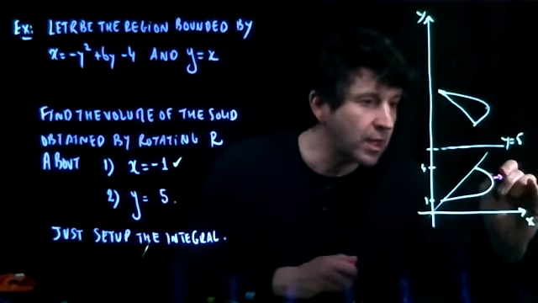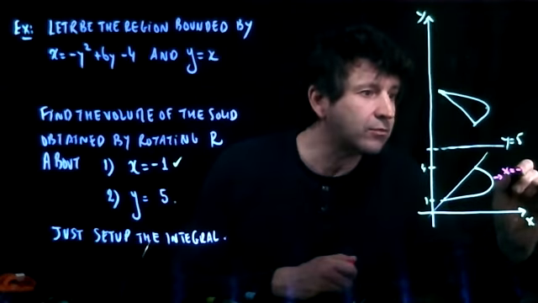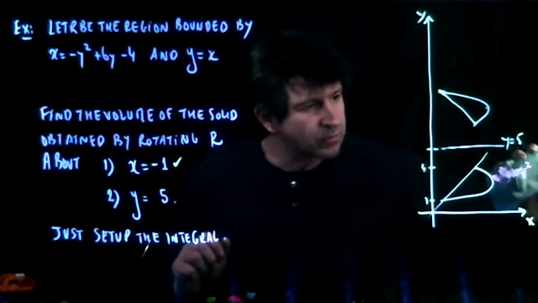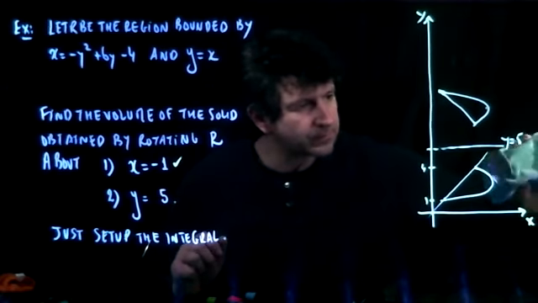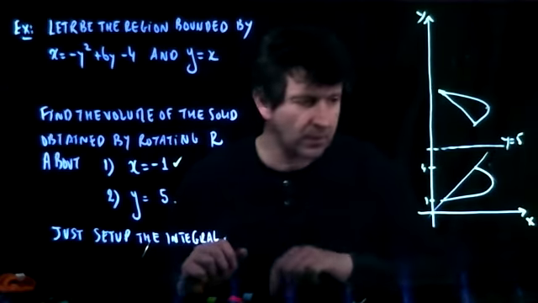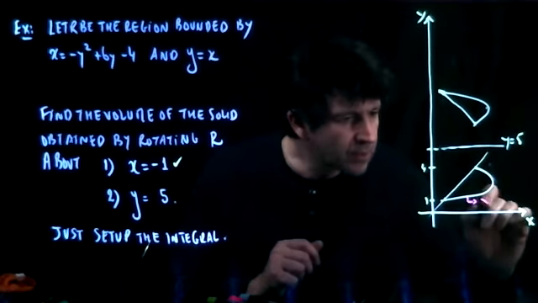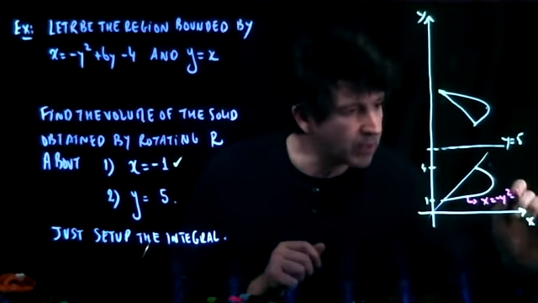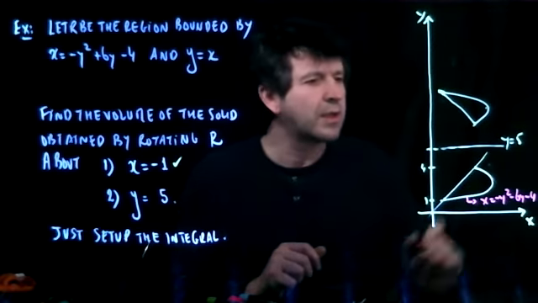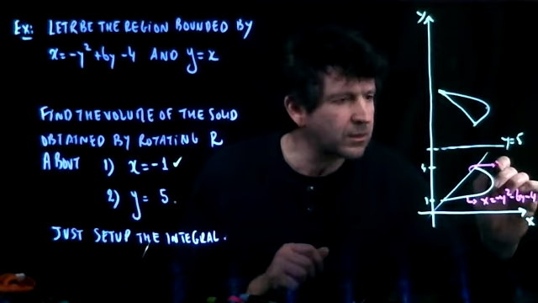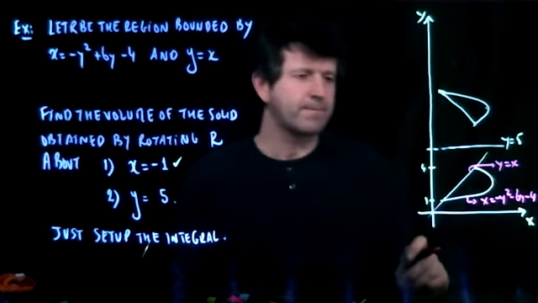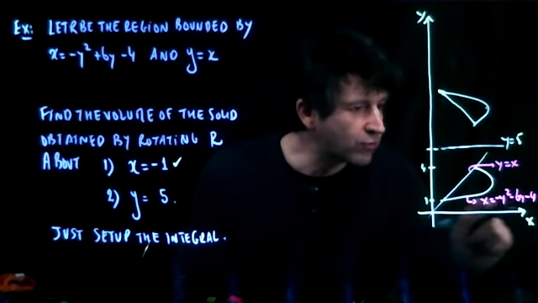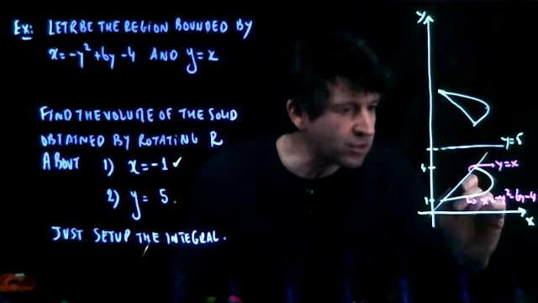So x equals negative y squared plus 6y minus 4. And this is y equals x. I'm rotating around here. Everything is in terms of y, so my thickness should be in y's.